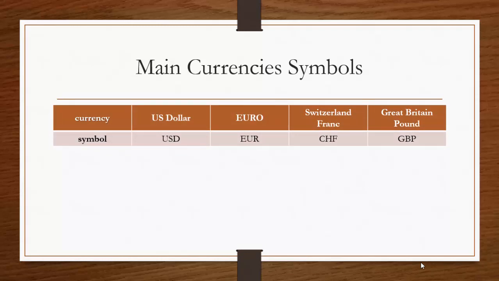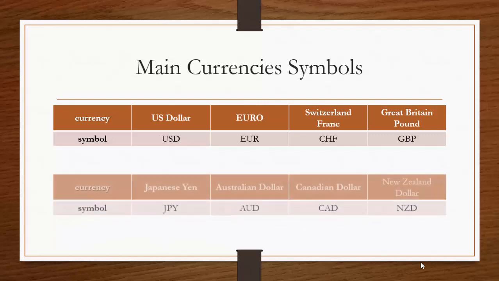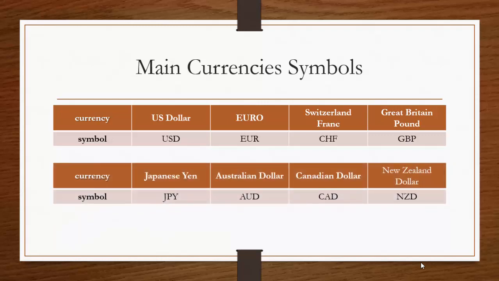USD for United States dollar, EUR for euro, CHF for Swiss franc, GBP for Great Britain pound, JPY for Japanese yen, AUD for Australian dollar, CAD for Canadian dollar, NZD for New Zealand dollar.